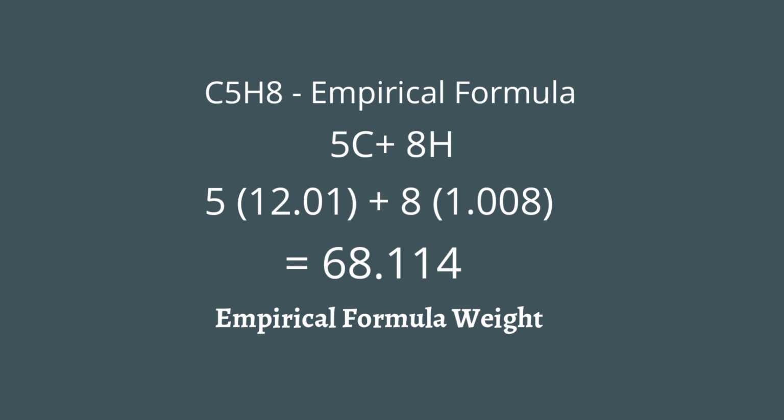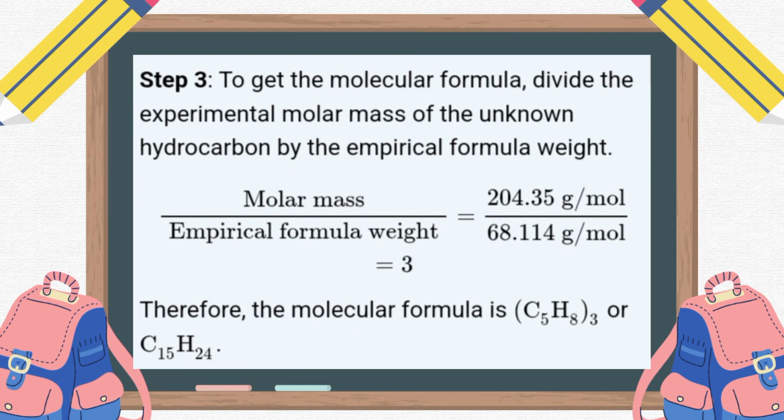So we have to find the molar mass of the empirical formula first. So we have 68.114. So that would be our empirical formula weight. Now, which is ato ang gamiton sa for the third and the last step sa pag-calculate ani nga problem. So the third and the last step is to get the molecular formula.